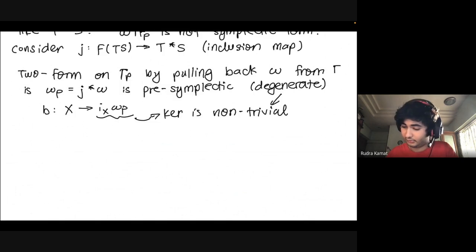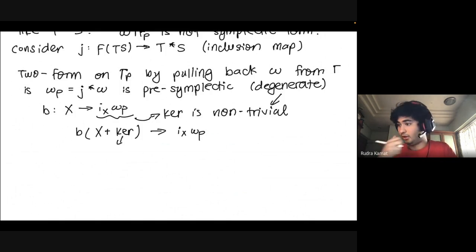So your x can be expressed as some x plus elements from the non-trivial kernel, which under this mapping would produce the same thing. So it doesn't matter what we have here, this will always have non-unique values that get mapped to one common thing, which means two distinct values of the tangent space get mapped to the same thing.